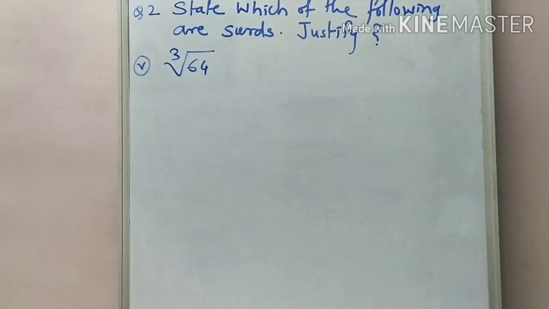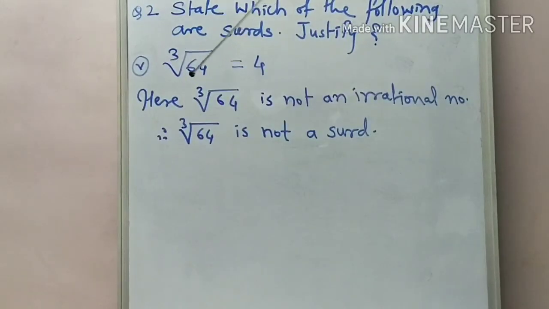Pay attention over here: we write the value of cube root of 64 as 4, which means the given value is not an irrational number, and therefore cube root of 64 is not a surd. Like this we justify our answer for a 1 mark question asked in the exam. The remaining examples I keep as your homework.